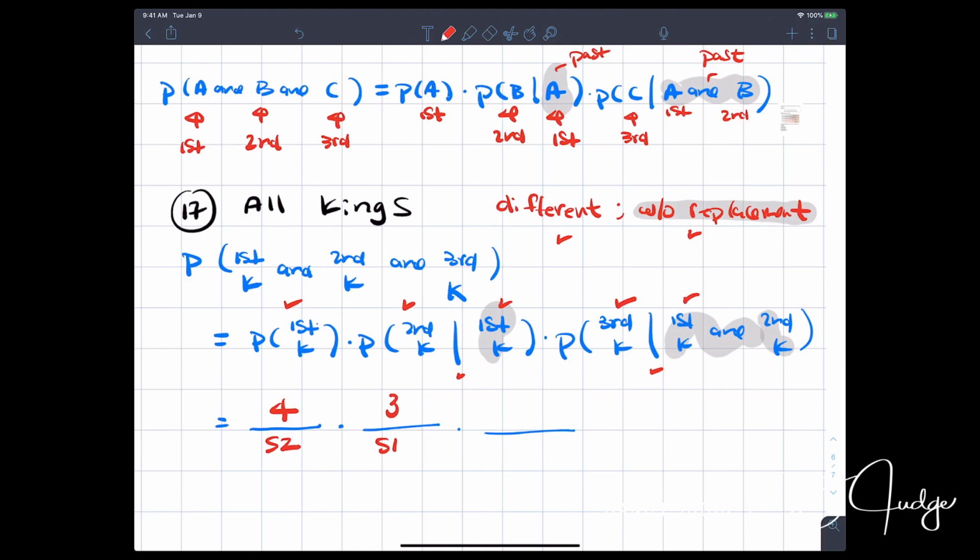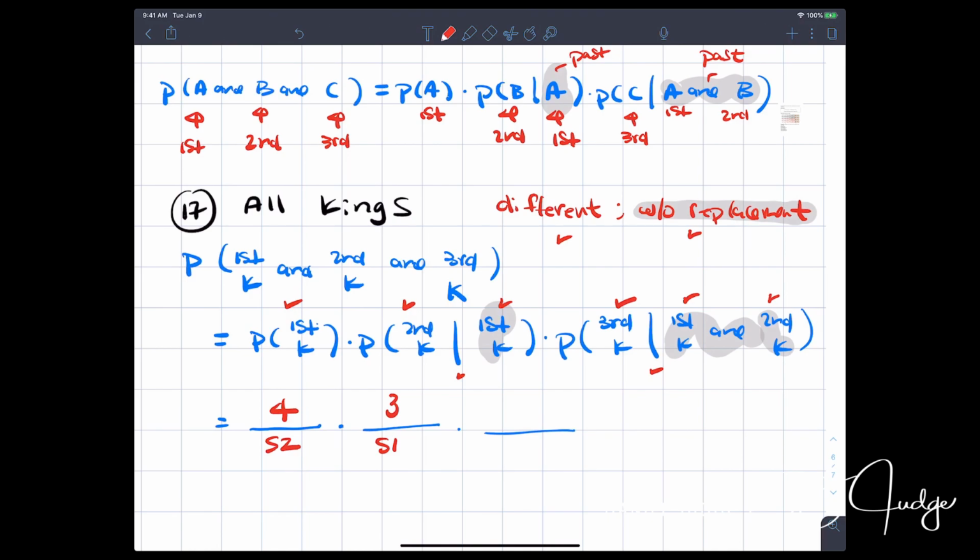The first card was a king and the second card is a king. This is without replacement. These cards have to be different. So the first selected king and the second selected king were simply thrown out the window. They're no longer there. They're gone. They left the deck.